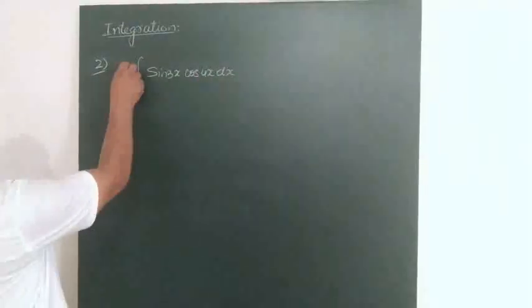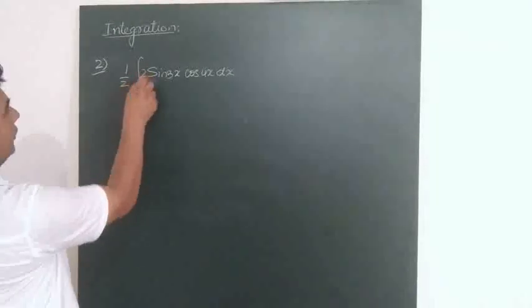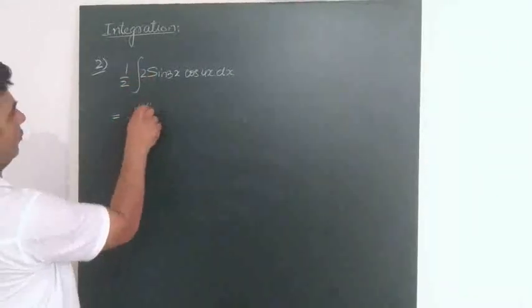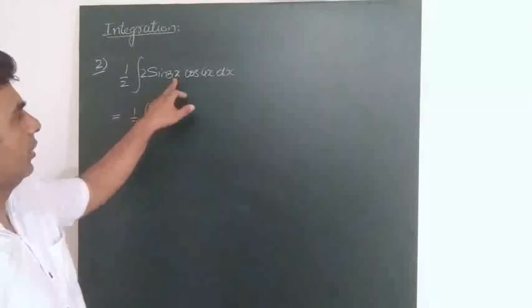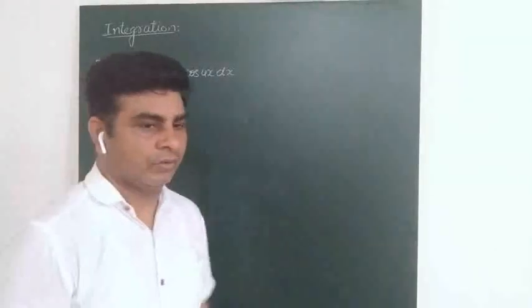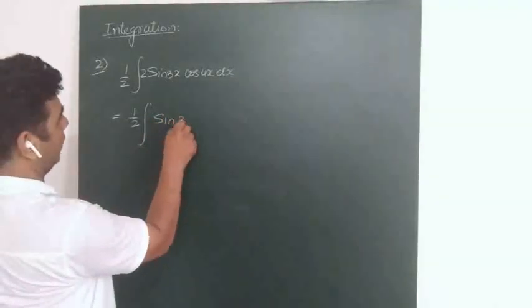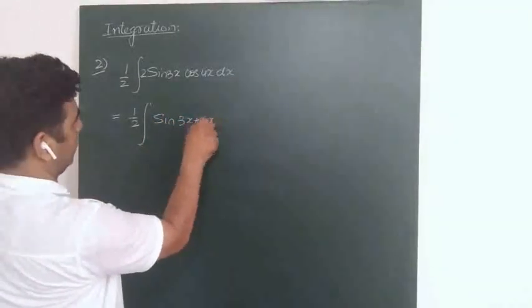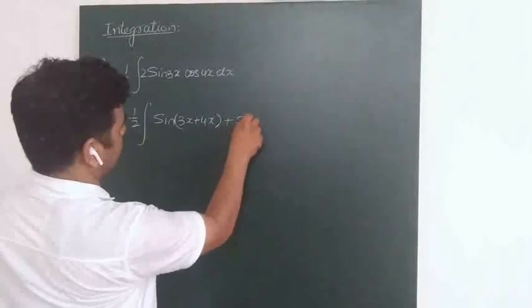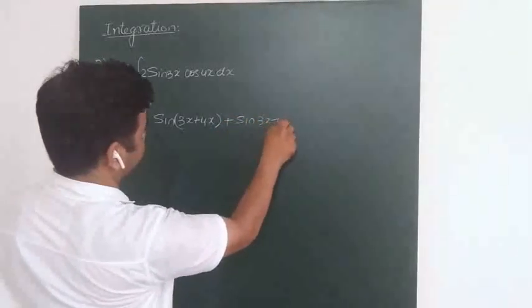So let me multiply and divide by 2 in the integration. Now this is the formula of 2 sin x cos y, which is given by sine of (x plus y) plus sine of (x minus y).